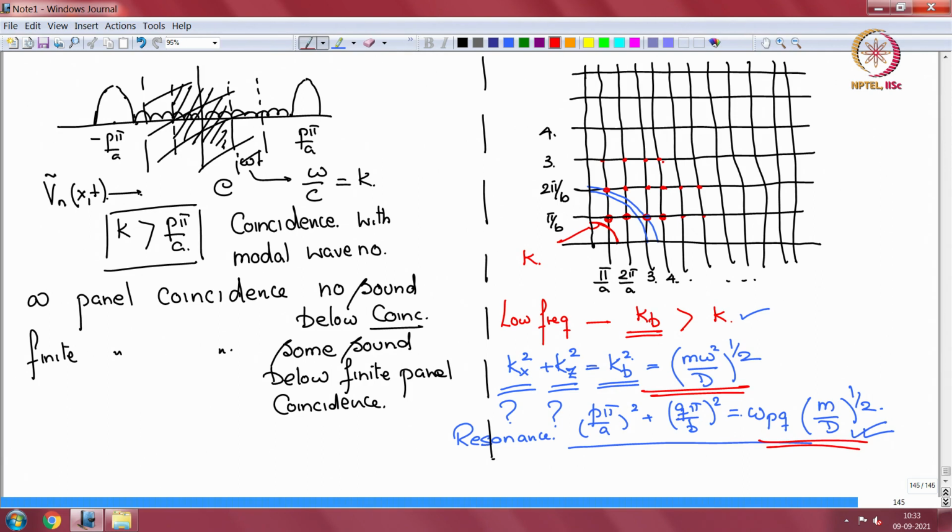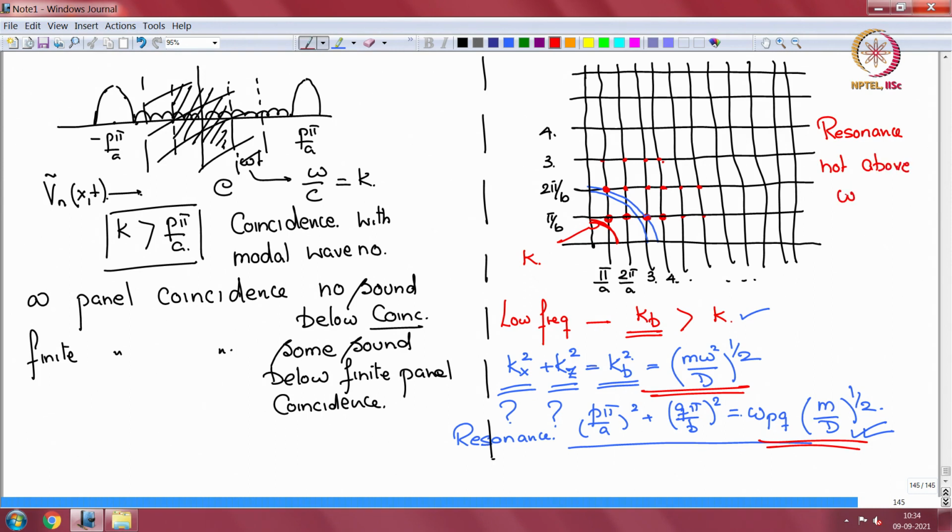Okay, in any case, when this KB line passes through these nodal points, then those modes are in resonance. But the K quarter circle is below, and so you will have initially modes in resonance, but not above coincidence.